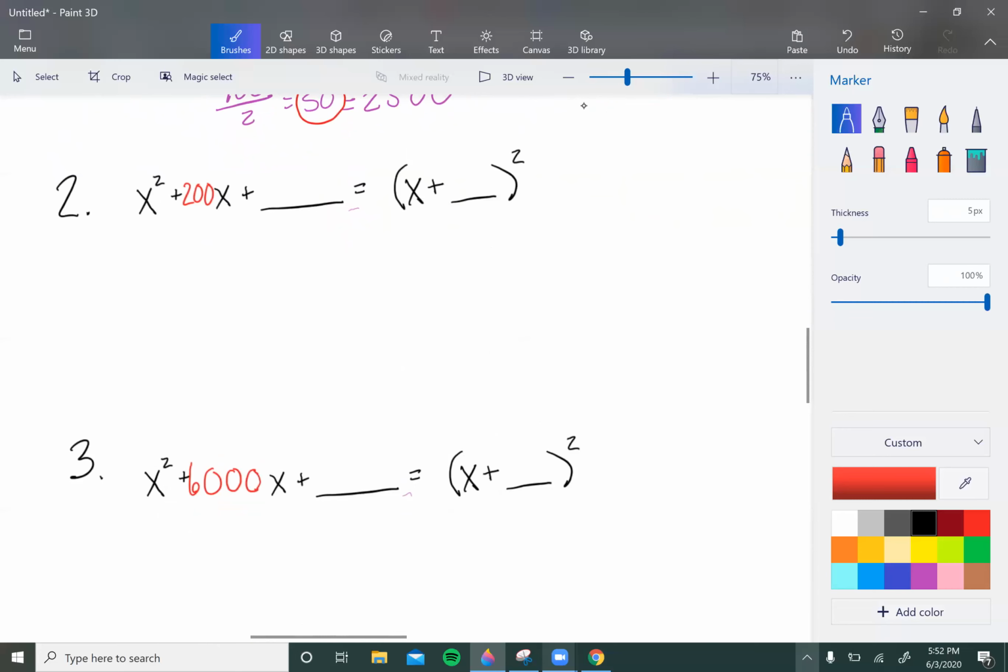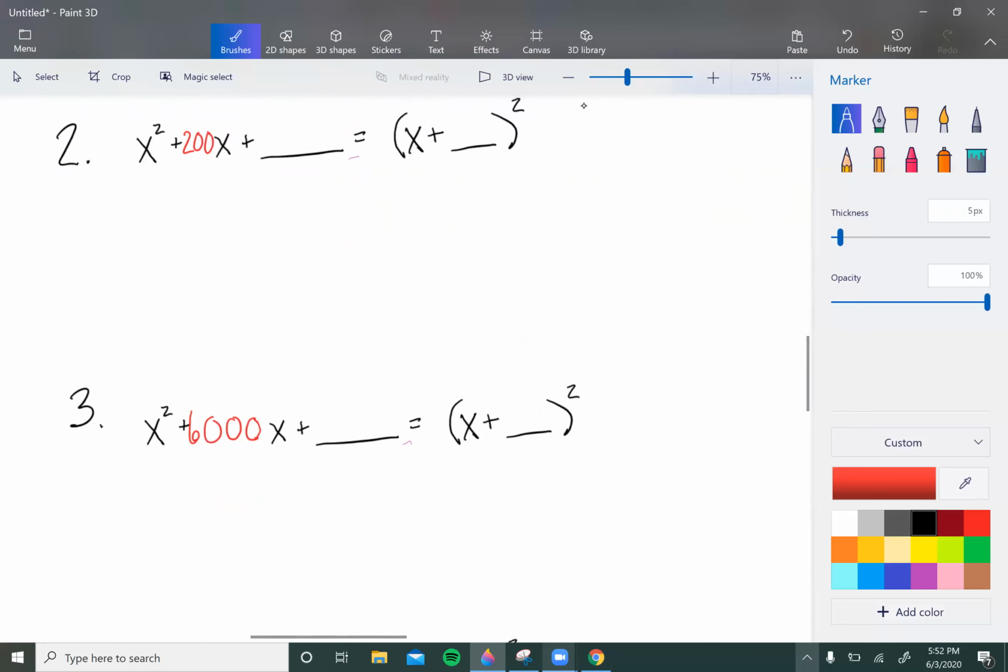Number 2, let's take it a little more slowly, but same concept. So our formula is a x squared plus bx plus c. And instead of c, I'm just going to write the formula, which is b over 2 squared, equaling x plus half of b squared.